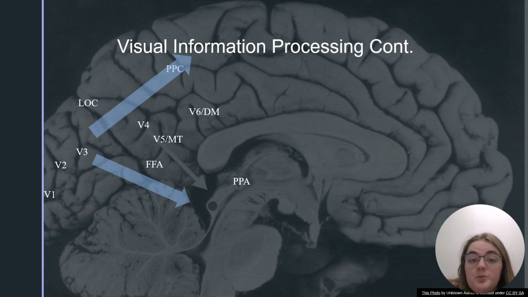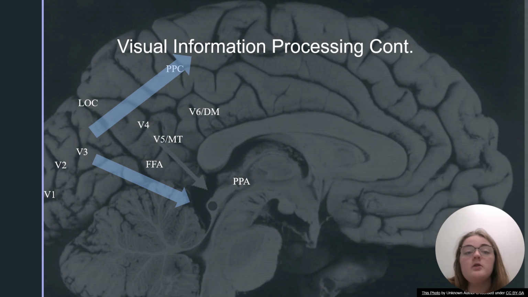V4 is specialized for color perception and recognition of complex shapes in the intermediate vision. V5/MT is in the middle temporal lobe, which is specialized in motion processing, particularly direction-selective neurons. So that goes back to the optic chiasm and has some relation to that.